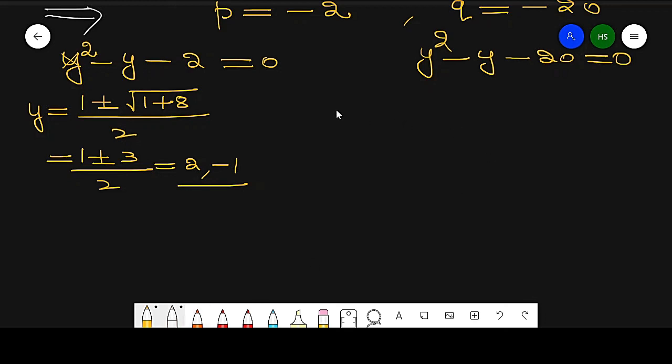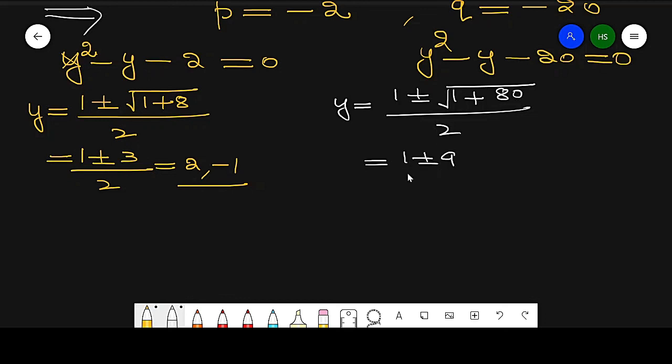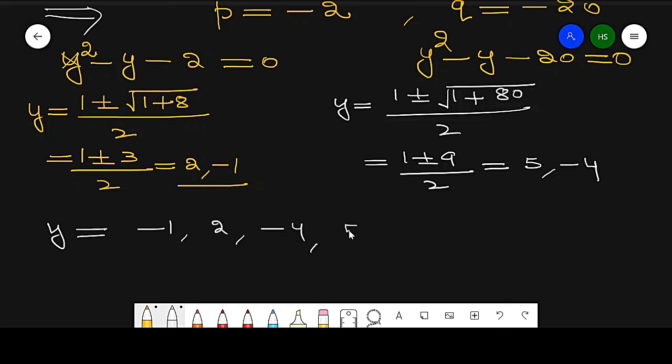In this case, y is equal to 1 plus minus square root of 1 plus 80, so this is 81 by 2. So 1 plus minus 9 by 2, which is equal to 5 and minus 4. So the roots are minus 1, 2, minus 4 and 5.